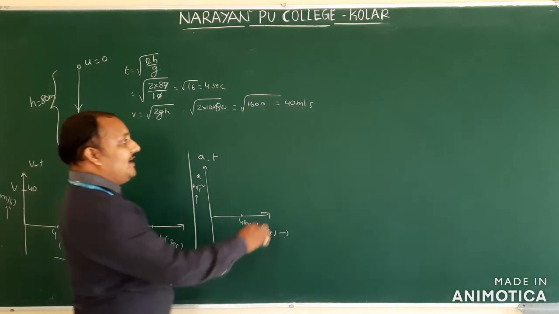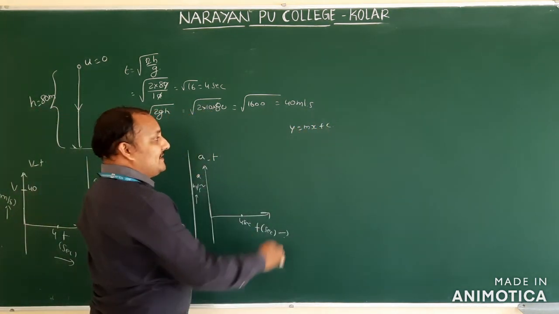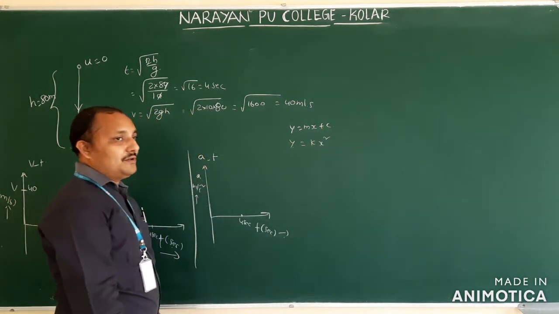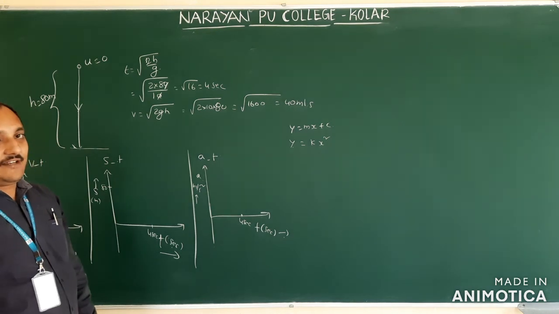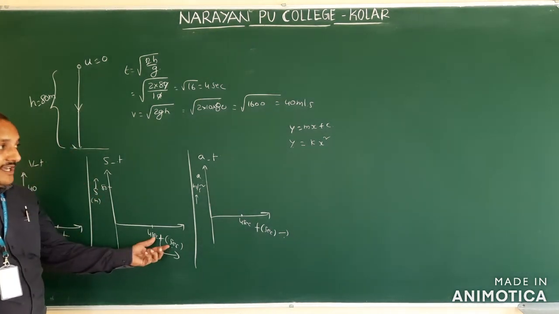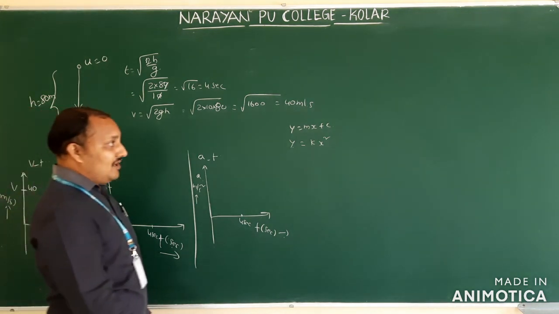I gave you already. A straight line means y is equal to mx plus c. A parabola means like this: y is equal to kx square. Y is what you are taking on the y-axis, x is what you are taking on the x-axis. Here, for the displacement-time graph, what is the formula?